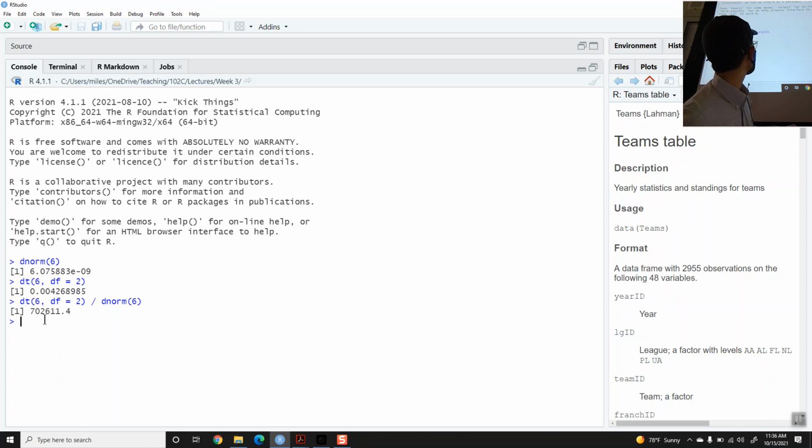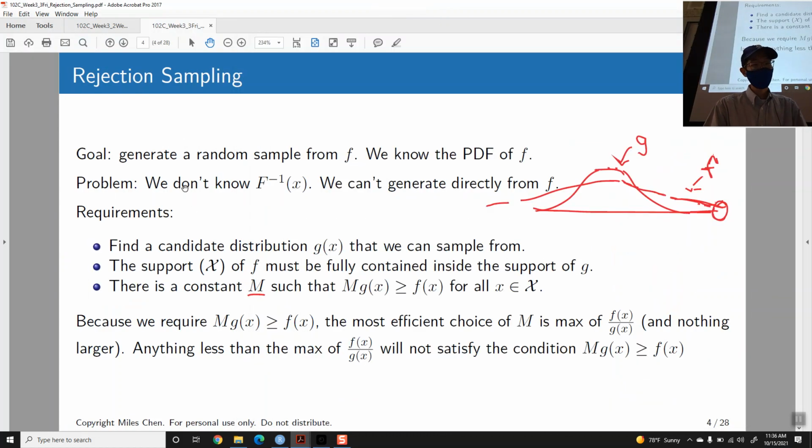I would have to multiply the density of the normal distribution by 702,000 for it to equal the density of the t distribution. And it just gets worse as you go farther and farther out.